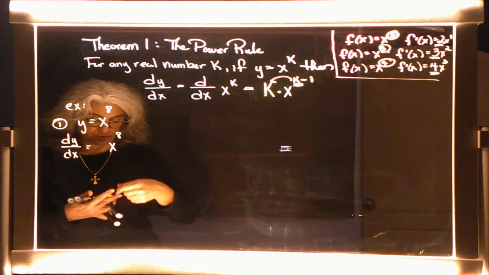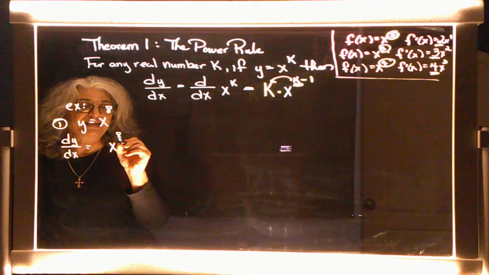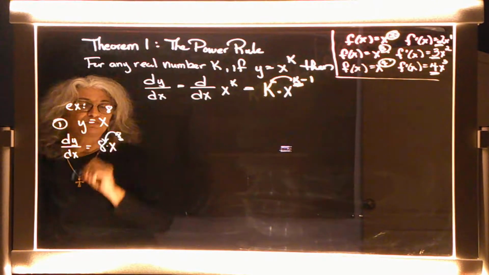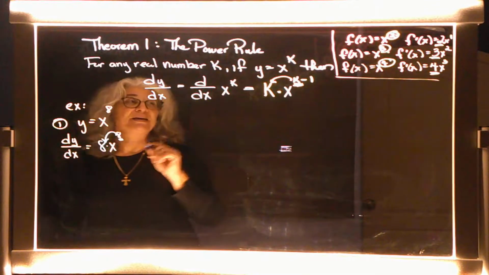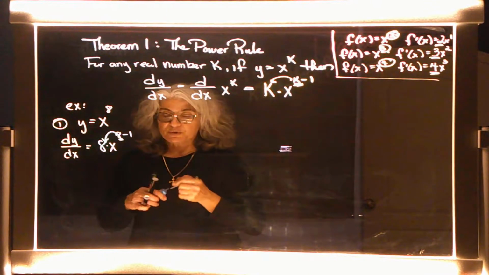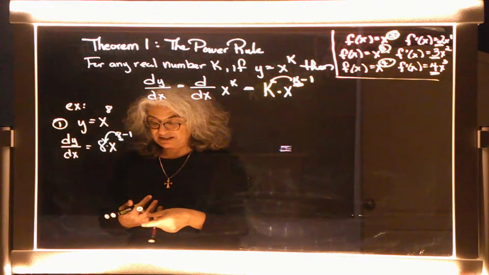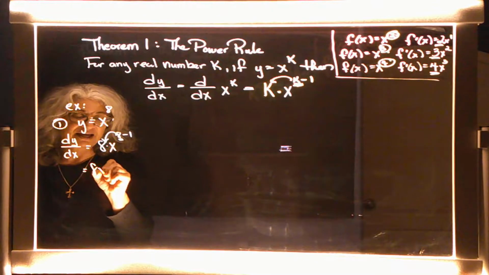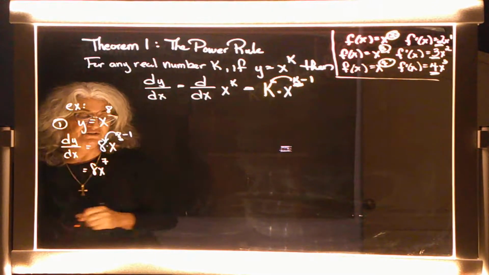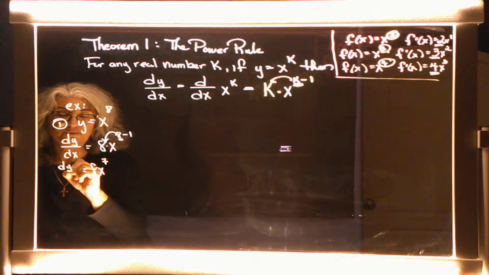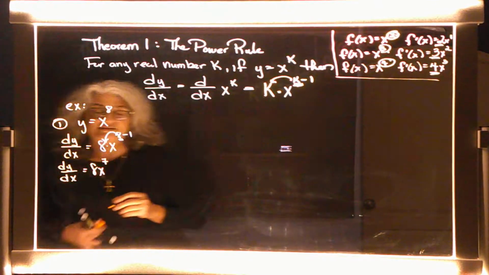So I am going to take this 8 and bring it down in front and multiply it. And then I subtract 1 from it. Which means in this particular case, my derivative becomes 8x to the power of 7. That would be the derivative of y with respect to x.